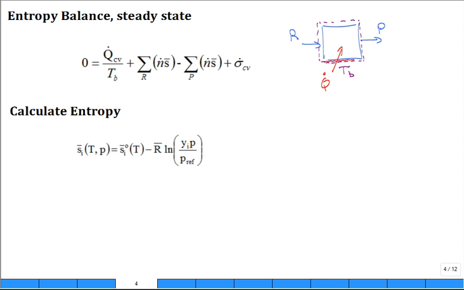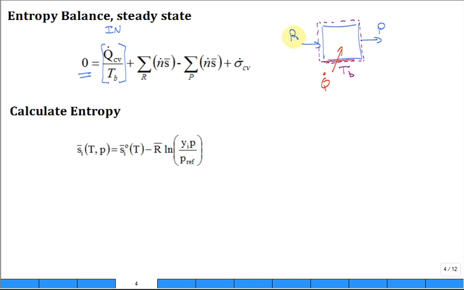So if we look at our entropy balance, we're going to assume steady state, so no accumulation or depletion. We have heat transfer into the control volume, and entropy transfer with the heat transfer, so Q dot divided by T_B. That gives us the rate of entropy transfer in with the heat transfer.